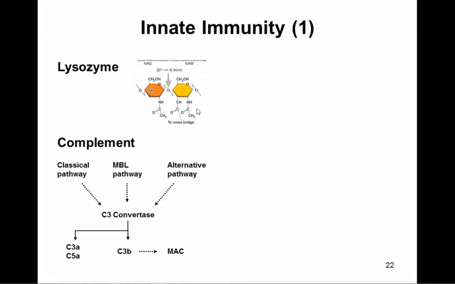So another soluble mediator of antibacterial defenses is the complement system. Okay, it's not really the place to go through the whole complement pathway. That's a job for immunologists, I guess.